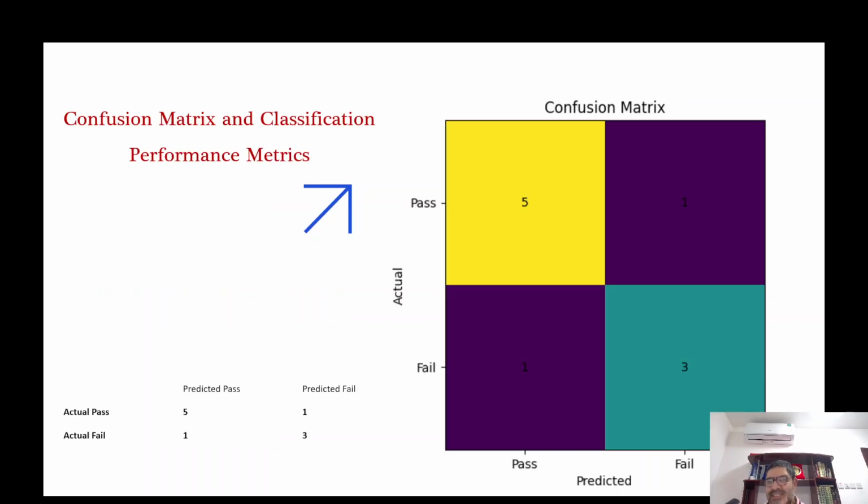If you just see this particular figure which is coming now, you see the confusion matrix which consists of two rows and two columns.